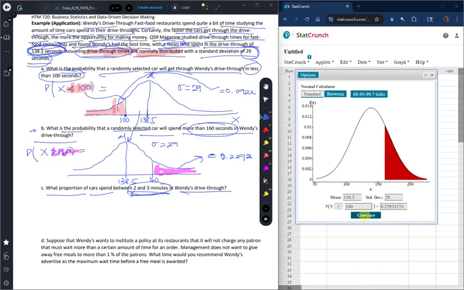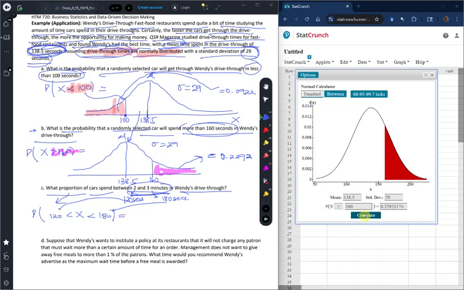So converting 2 minutes to seconds, you have 120 seconds. And 3 minutes to seconds, that's 180 seconds. So the proportion where the drive-through time is between 120 and 180 seconds, what would that be?